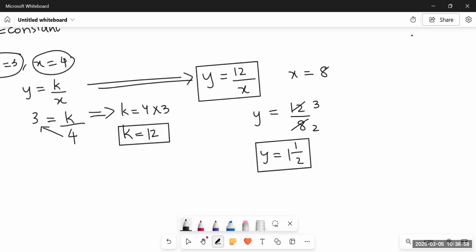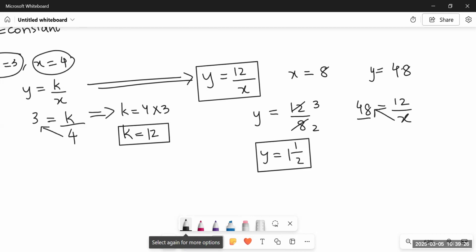And if the value of y is given, like if y equals 48, what would be the value of x? Using the same formula, y equals k upon x, now we will substitute the value of y with 48. In place of y, I'm going to write 48, then 12 upon x. Now, how to solve this type of question since x is in the denominator? We'll simply cross multiply.